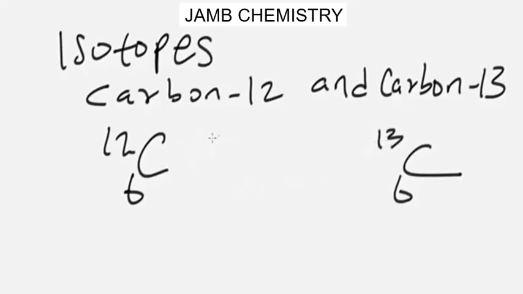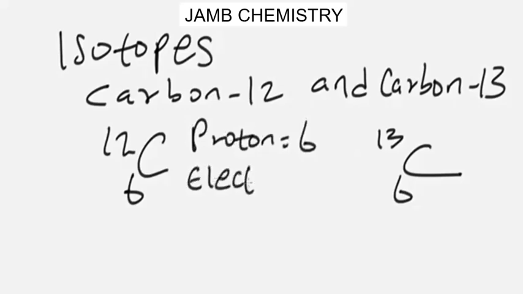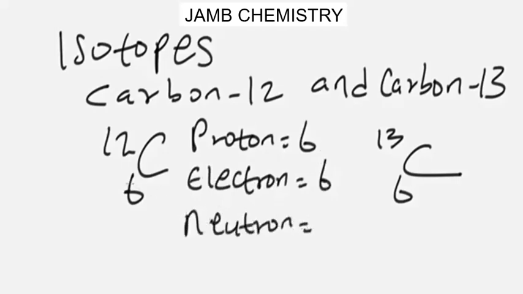So in this situation, you can deduce that the proton number here is 6. The electron number is also 6. The neutron number, when you subtract the atomic number or the proton number from the mass number, is also 6.